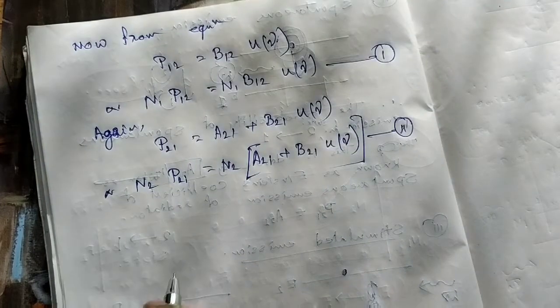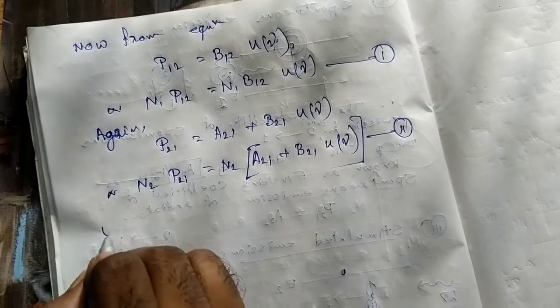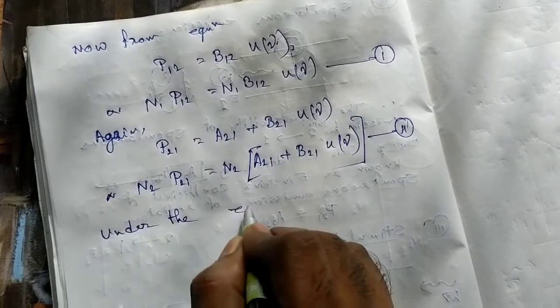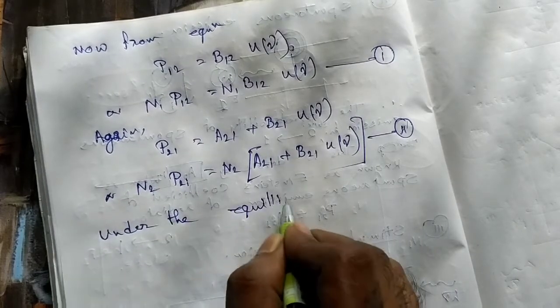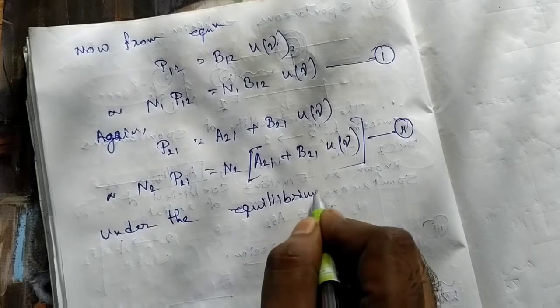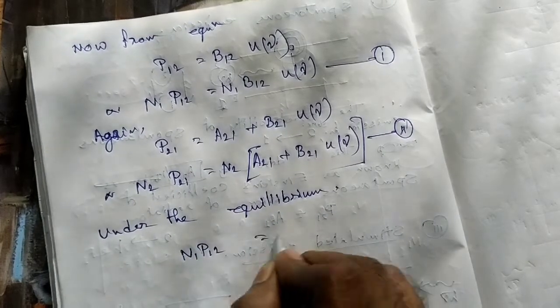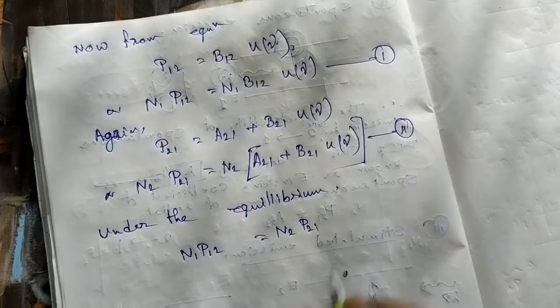Okay, so under the equilibrium, N1 P12 is equal to N2 P21.